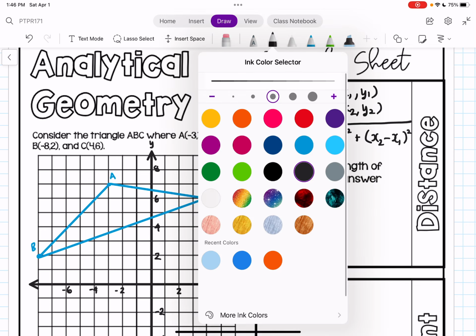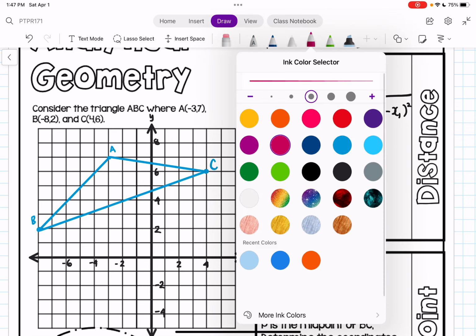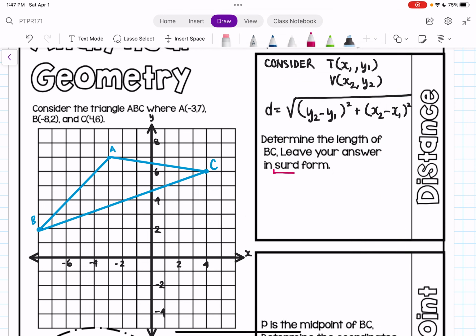So now what I'd like you to do is work out the length of BC. And we're leaving our answer in surd form, very important. Whenever we say surd form, I'd like you to leave it in simplest surd form, and your calculator will do that for you.